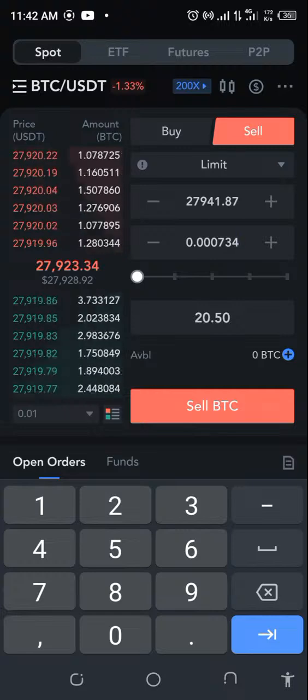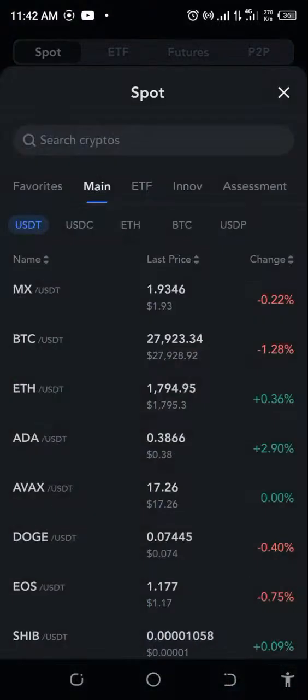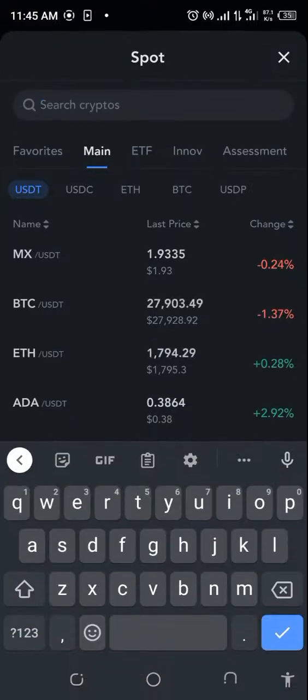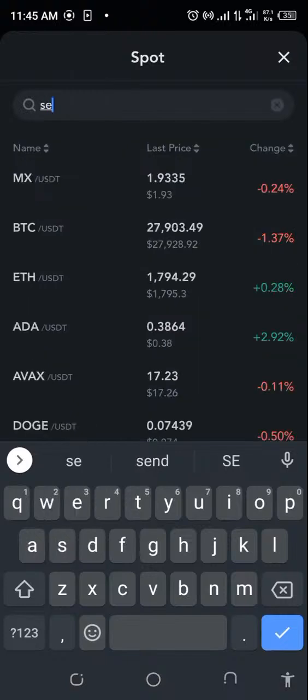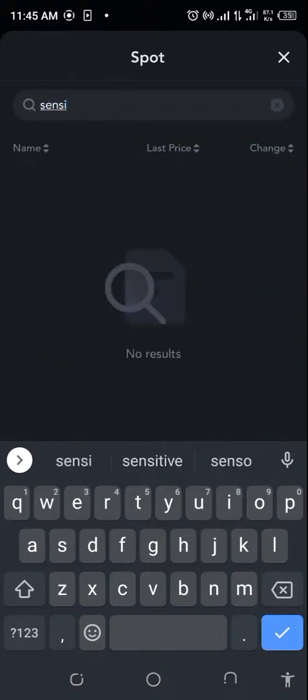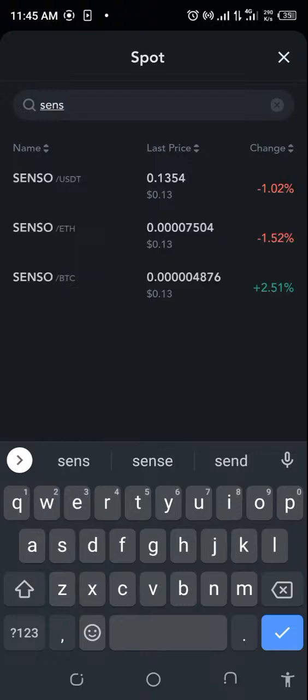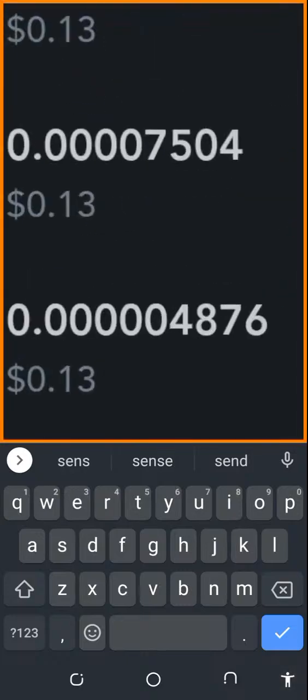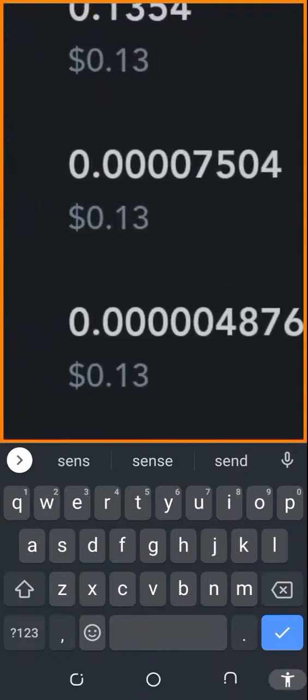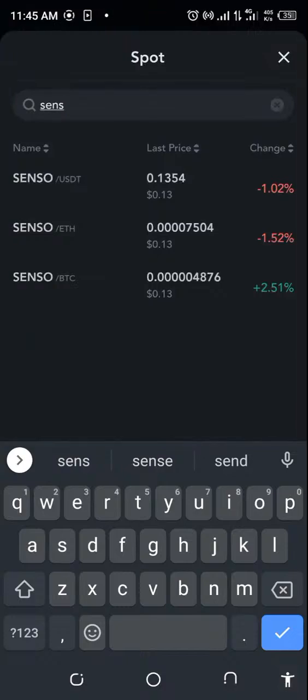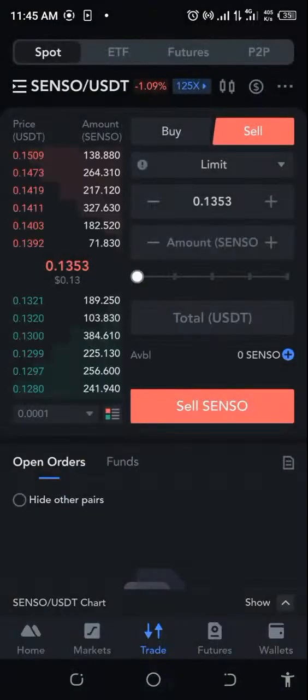Nah, let's try this out with ETH. Let's try and see whether this can still give us something else. So let's check on ETH. That should be Senso. Okay, Senso ETH. Well, everything still looks like it's the same price, but let me go back and try this out and then try to sell to ETH.